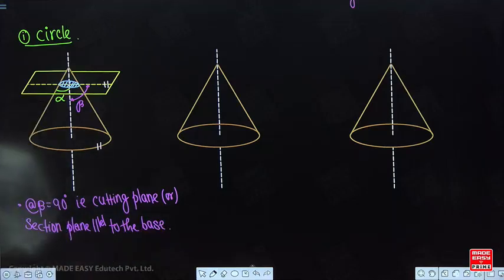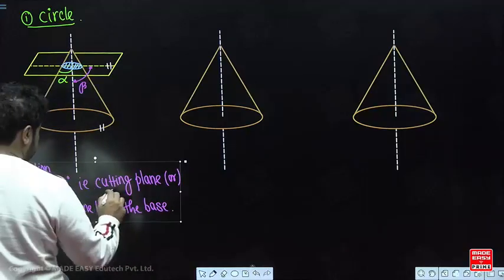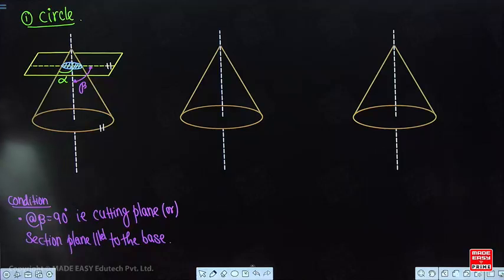This is the condition, right, isn't it? If I put this condition, then I am going to get a circle. Agree to this point, isn't it? So at beta equal to 90, that is, cutting plane or section plane parallel to the base, you are going to get a circle. I hope it is clear to everyone.